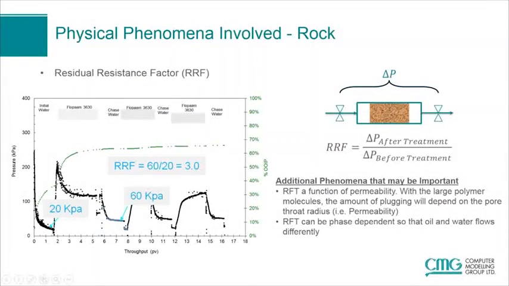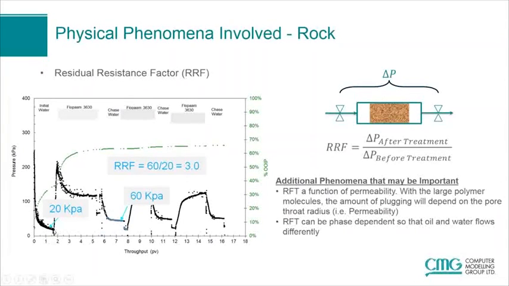And then you inject polymer, pressure goes up quite a bit, and then in the water flood after polymer, it drops down to 60 kPa, and it doesn't reach the initial value that was during the water flood.